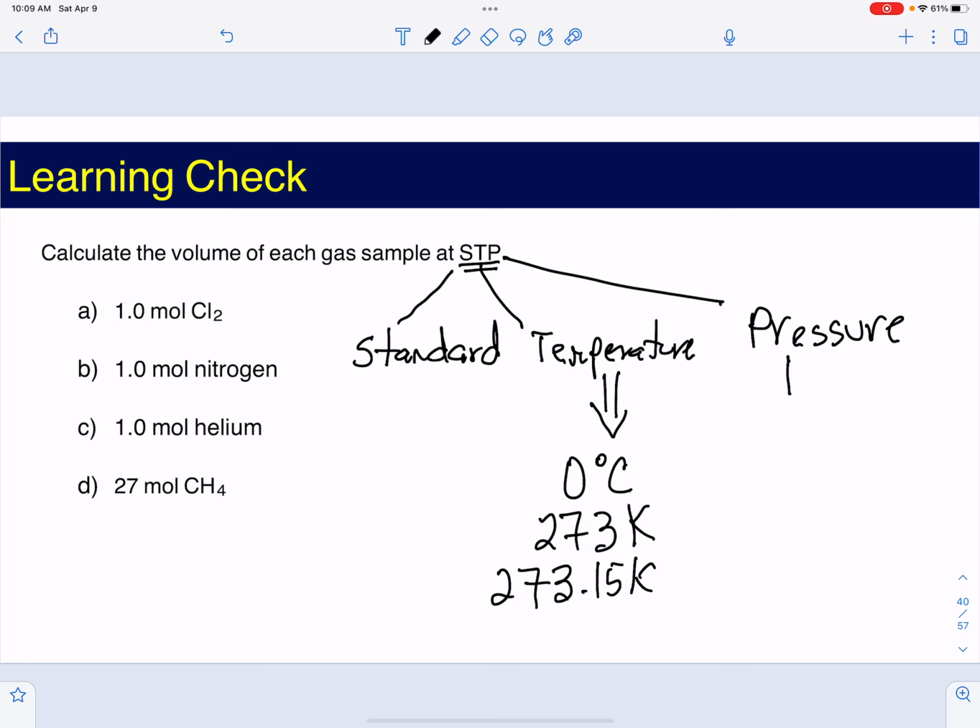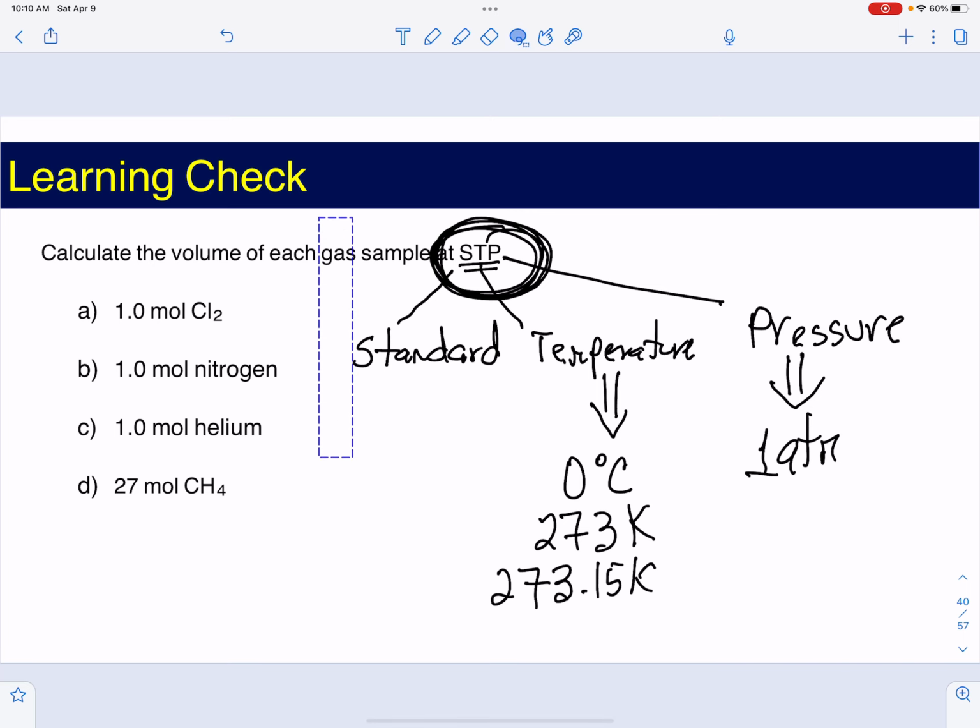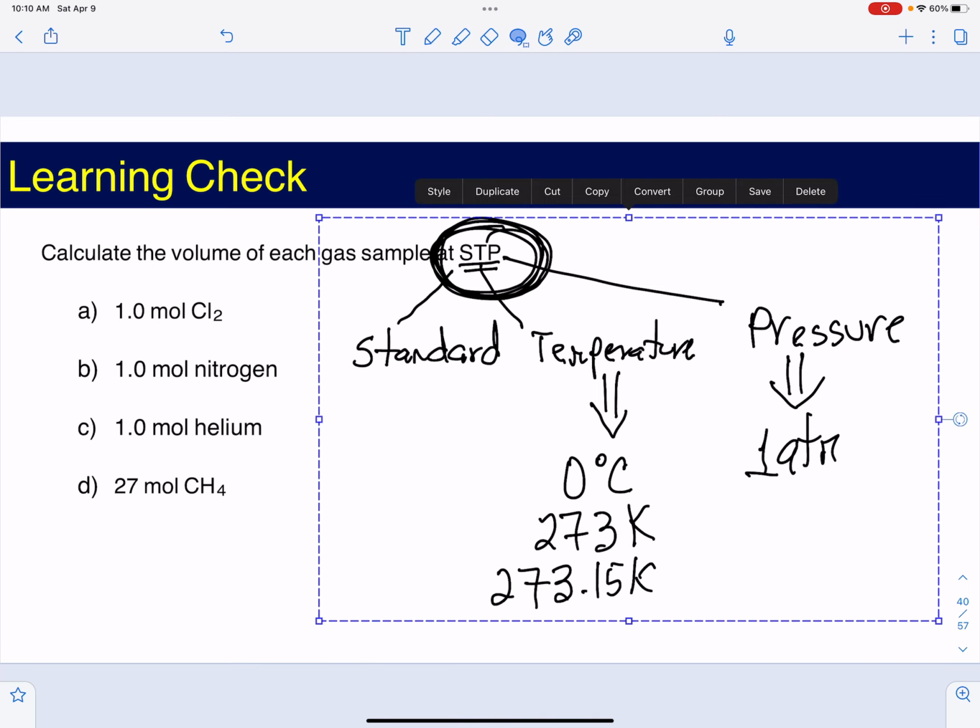And the pressure is just going to be the standard pressure, the pressure of this planet, which is 1 atmosphere. So every time you hear STP conditions, remember that the temperature is 273 Kelvin and the pressure is 1 atmosphere. So this problem is giving us that information.